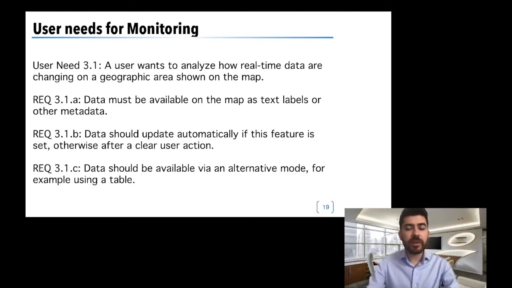Also, data should be available with an alternative mode because we are talking about complex data, a lot of numeric and complex data. For example, a table should be provided and would be very useful for a lot of users in order to read those data and be constantly updated about that information.